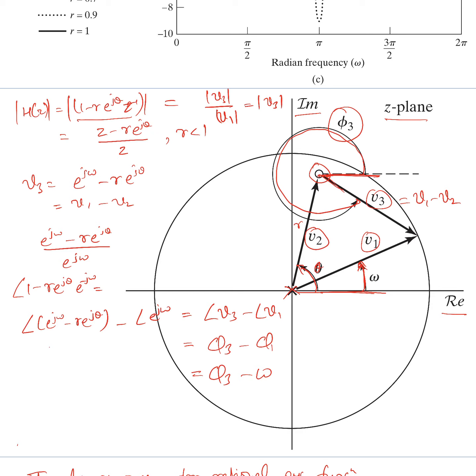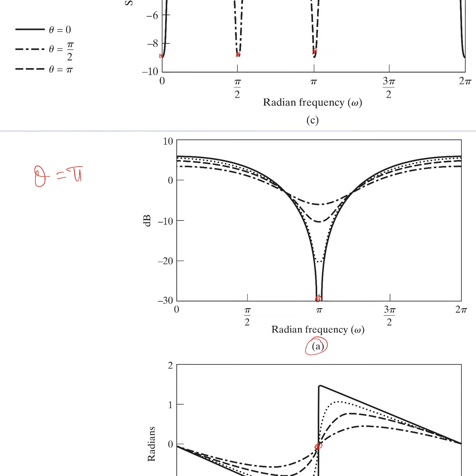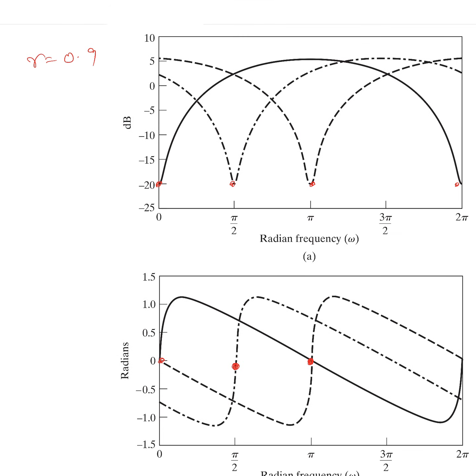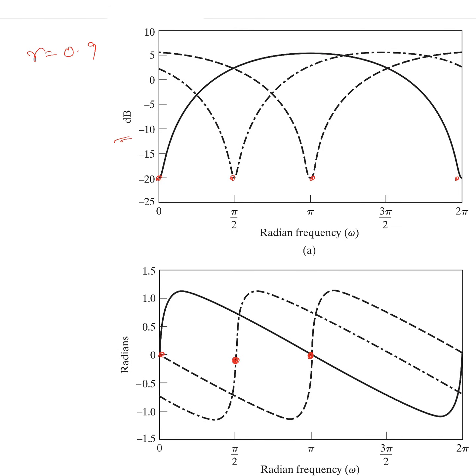And this accounts for the sharp dip in the magnitude function at omega equal to theta in this figure, what we had seen earlier in the magnitude response, because the vector has a minimum length when omega is equal to theta.